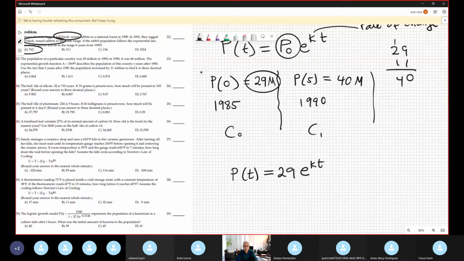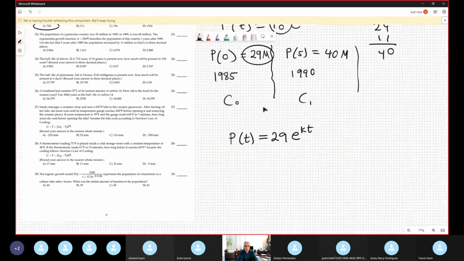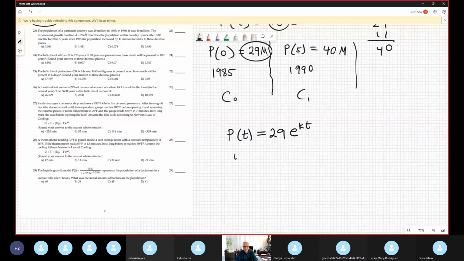To find K, can you find K? It's similar to the previous problem, but only the first part. So 40 is equal to 29 e to the K, and the time is 5. The time is 5 because the duration between 1985 and 1990 is 5 years.